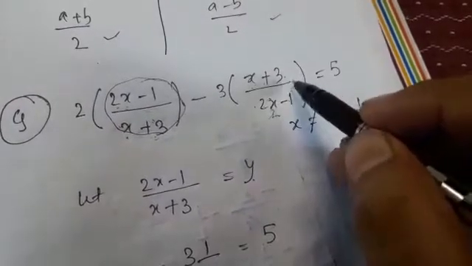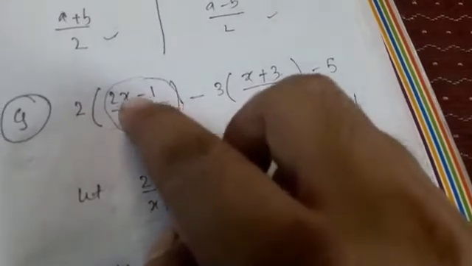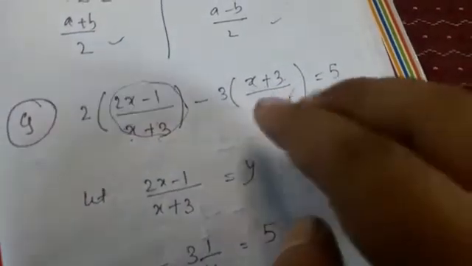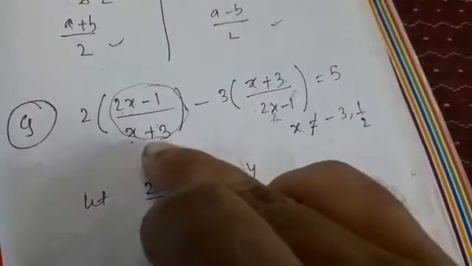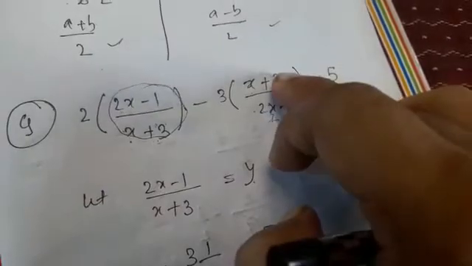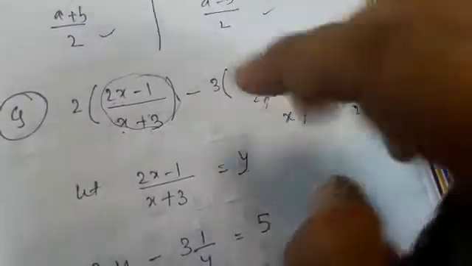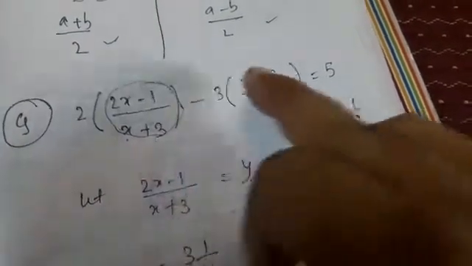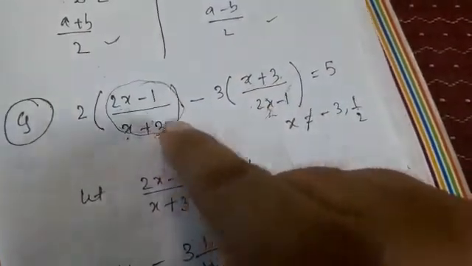This term will be 1 by y, because see this 2x minus 1 is in the numerator in this part, and it is in the denominator for the second part, and this x plus 3 is in the denominator here and in the numerator there. Means whatever it is, it is the exact opposite of the same value. So if I am considering this entire thing as my y, so this will be 1 by y, the exact reciprocal of this one. Clear?